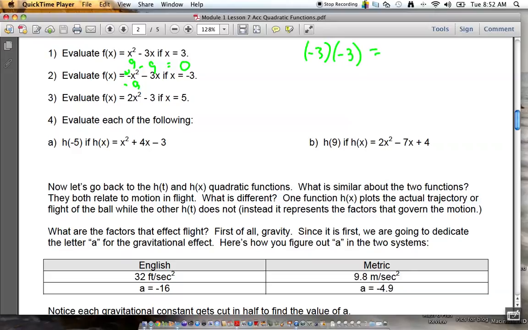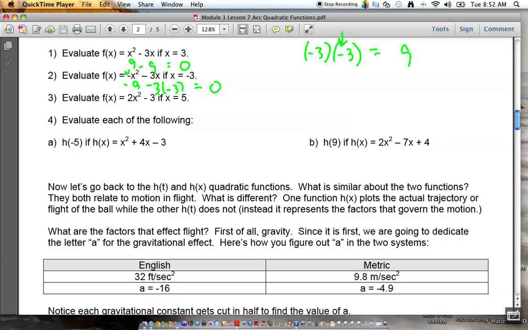What is 3 times 3? 9. Then I'm multiplying by a negative, so I have to switch the sign, so it's positive 9. But then over here it said negated, so I get negative 9. Now, what's negative 3 times negative 3? Positive 9. So far I have negative 9 plus 9, that is 0.